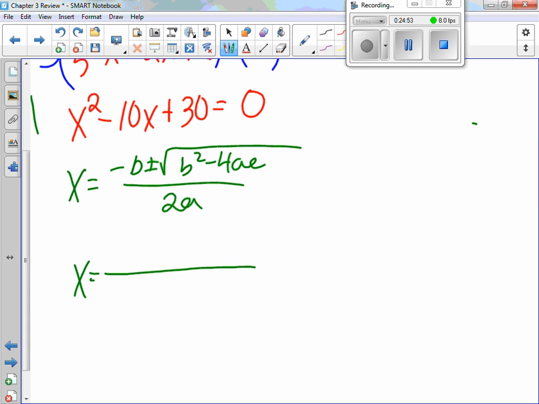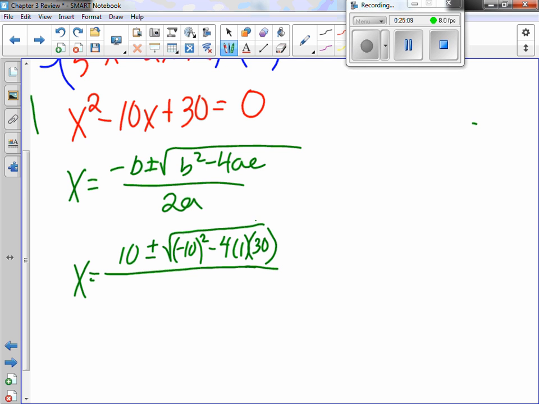So negative b, so negative 10 would be 10 plus or minus the square root of negative 10 squared minus 4 times a times c, which is 30, all over 2 times 1.